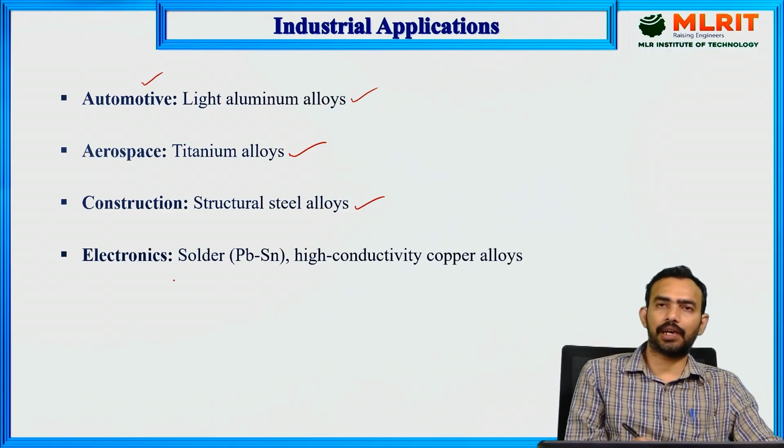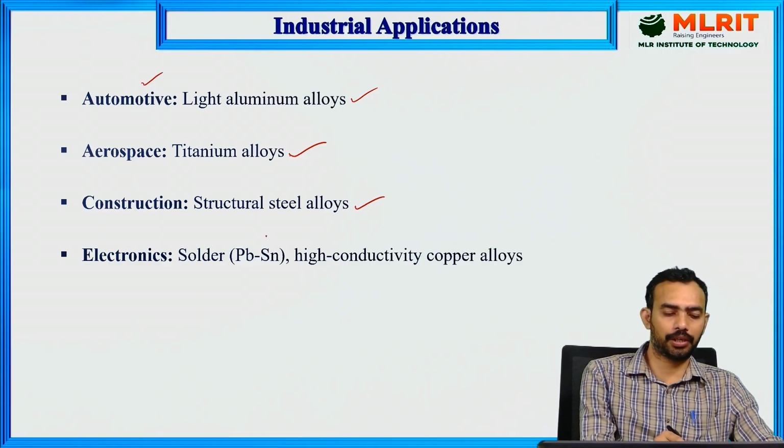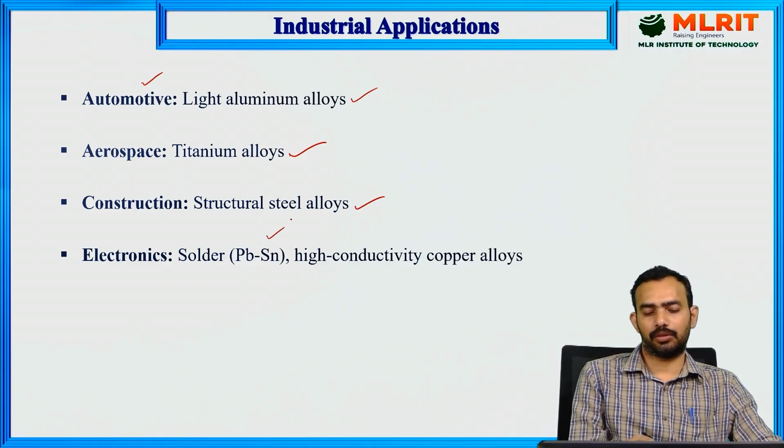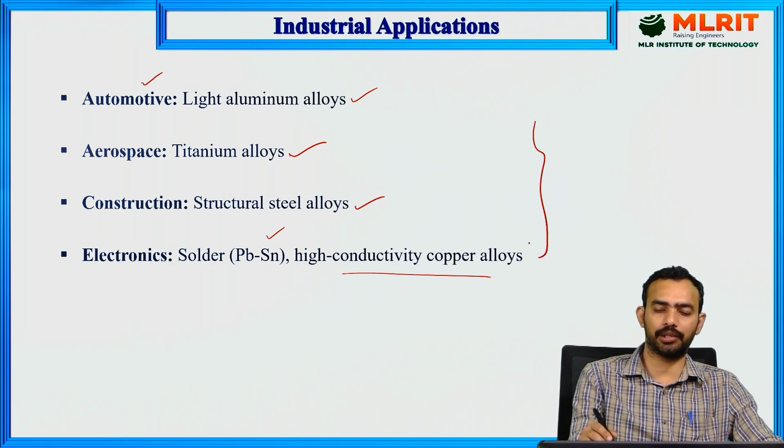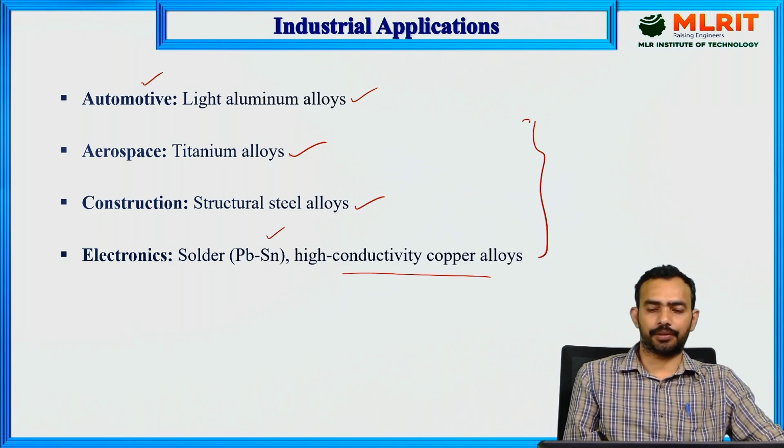In the case of electronics, solders are used, and high conductivity copper alloys are also used in electronic industries. These are some of the specific applications in industry.